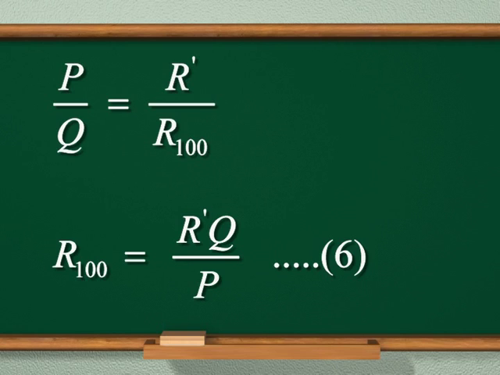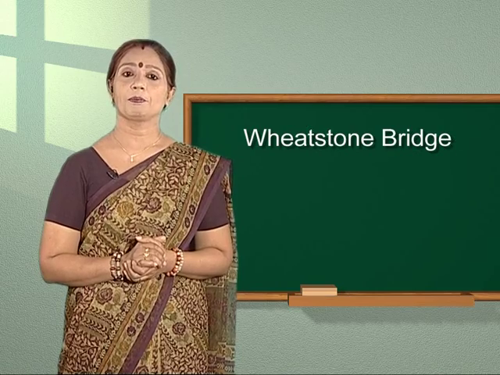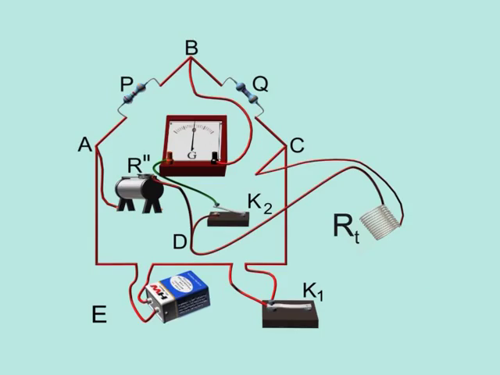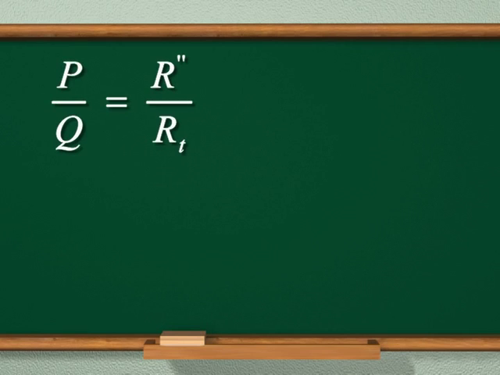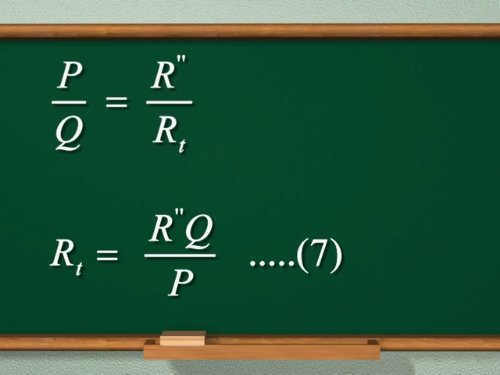After this, we keep the platinum wire into the bath whose temperature T degrees Celsius is to be determined. Repeat the experiment again. Let R double dash be the resistance of arm AD for which the bridge is balanced. If RT be the resistance of platinum wire at T degrees Celsius, then P upon Q is equal to R double dash upon RT, or RT can be written as equal to R double dash into Q upon P. Let this be equation number 7.